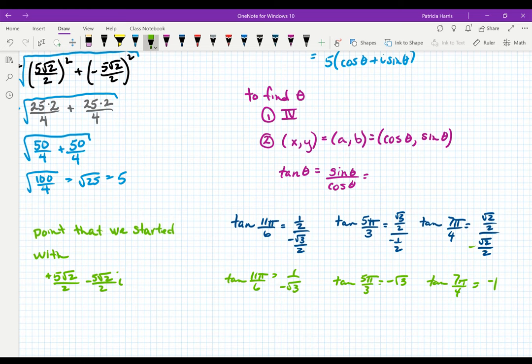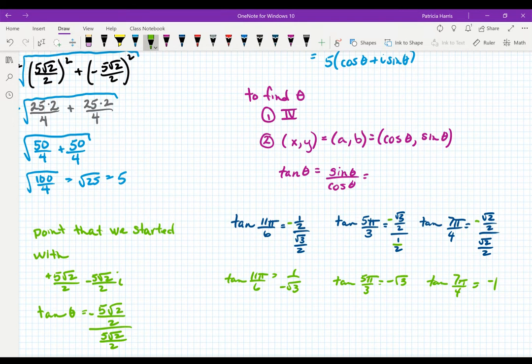So that's positive. I just realized I put my negative in the wrong spot. Fix that really quick.